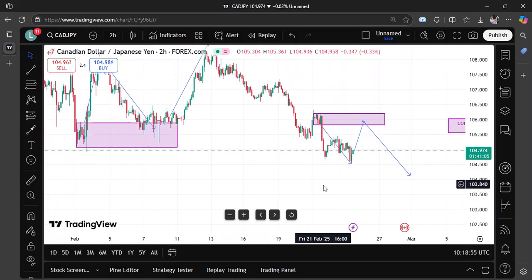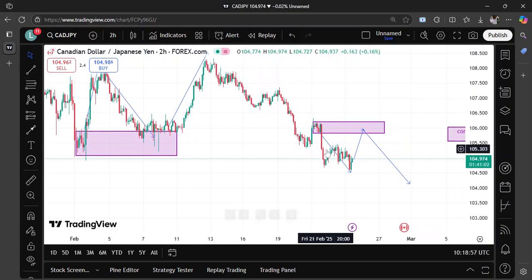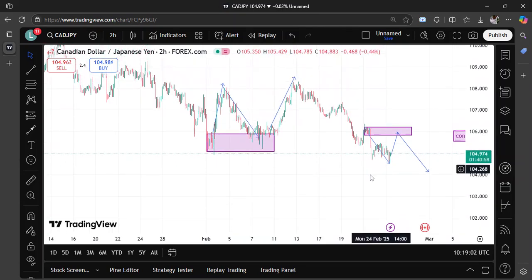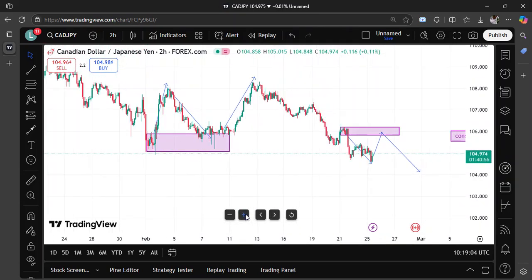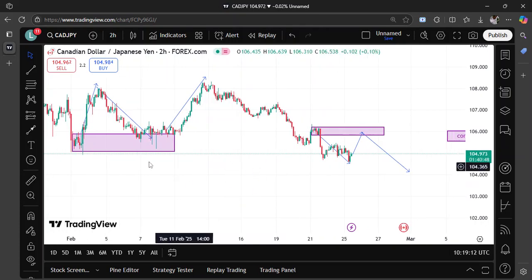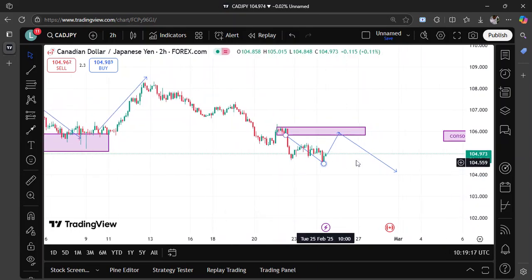So take note of this, the power of consolidation that nobody taught you. Everybody used to teach you order blocks and all, and what I just shared here is the same concept as order blocks, but I didn't point to the candlestick in the consolidation market as the order block.